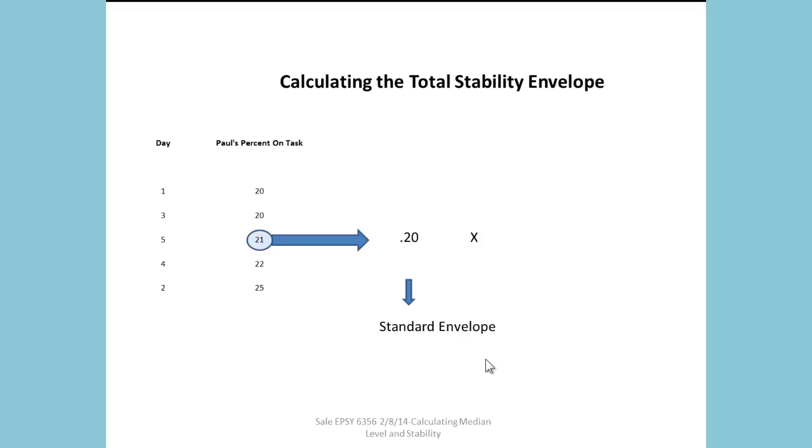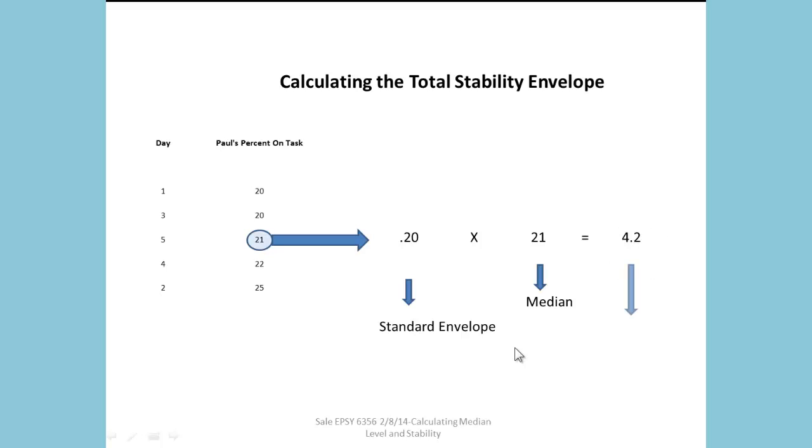That represents 20%. So there's our median there. So 0.20 times 21 ends up giving us 4.2. Now that is our total envelope, 4.2. It's the total stability envelope, 4.2.